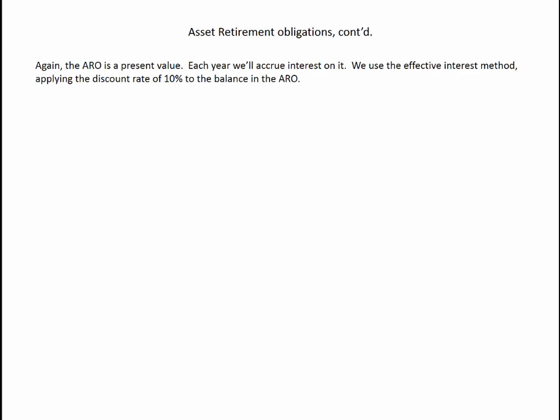Now again, the asset retirement obligation is a present value. Each year we're going to accrue interest on it. We use the effective interest method, so we're going to take that discount rate of 10% and multiply that by whatever the balance is in that asset retirement obligation liability. The first year, our asset retirement obligation was $77,108.66.